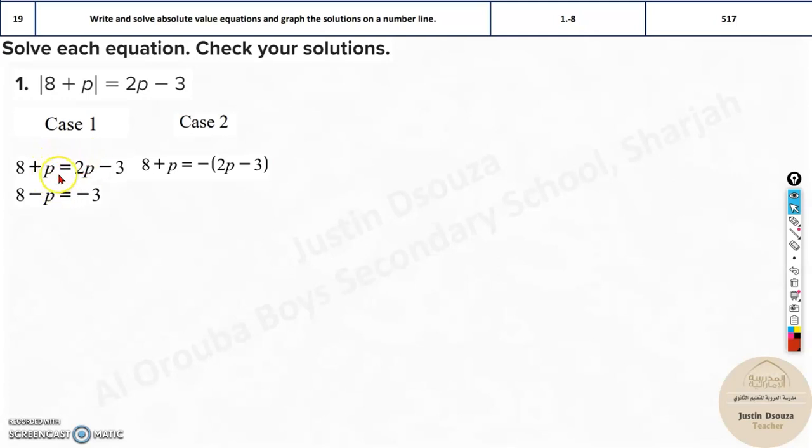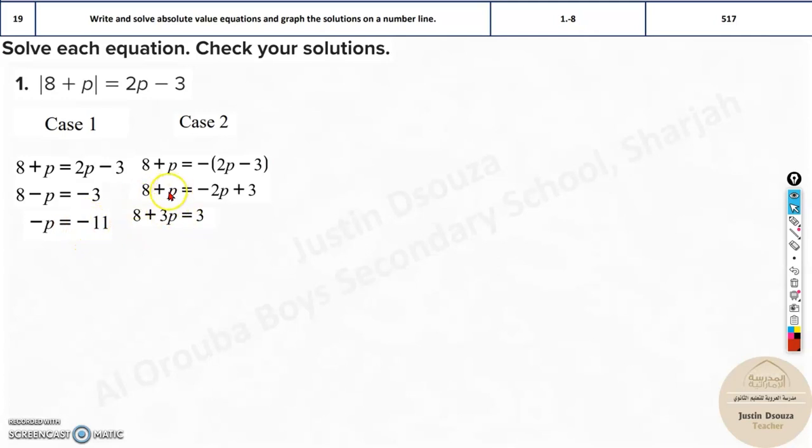Then minus 2p minus 1, 2p minus plus 1 is minus p. This and this cancel. You're remaining with minus p only, plus minus 3. Substitute the minus sign inside. Now minus p is equal to minus 11, or p is equal to 11.